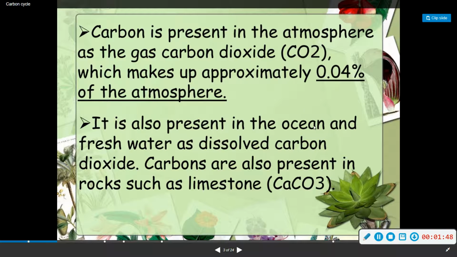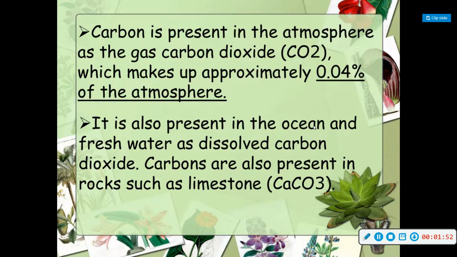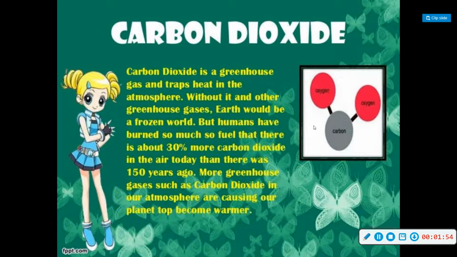CO2, we understand you breathe out CO2. So carbon dioxide is a greenhouse gas and it traps heat in the atmosphere. Without it and other greenhouse gases, Earth would be a frozen world. But humans have burned so much fuel that there is about 30% more carbon dioxide in the air today than there was 150 years ago.